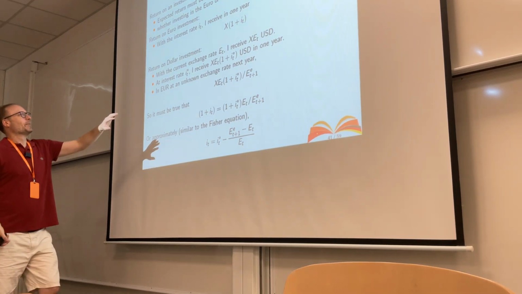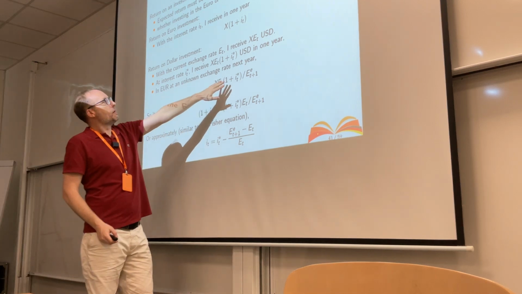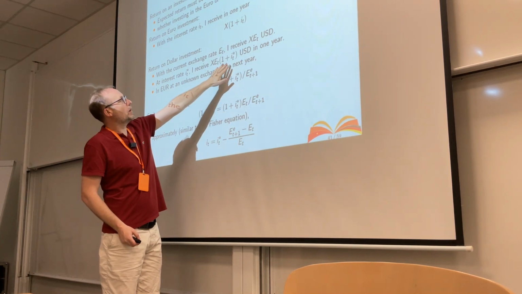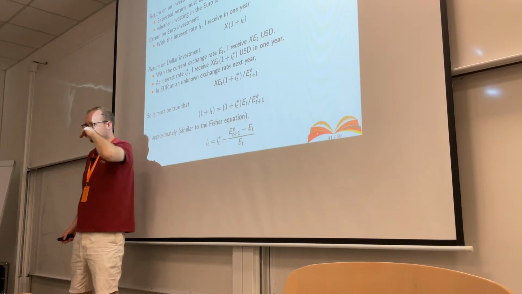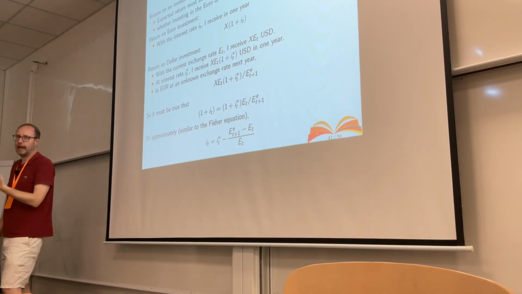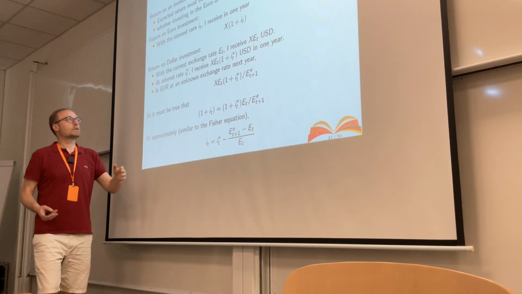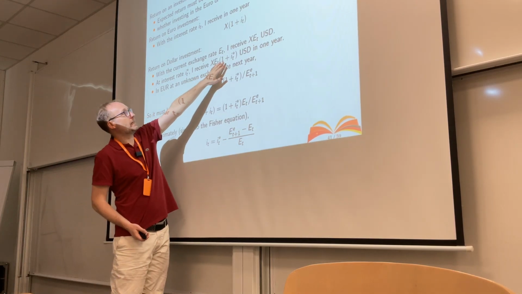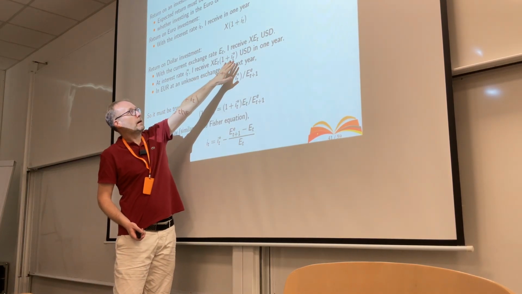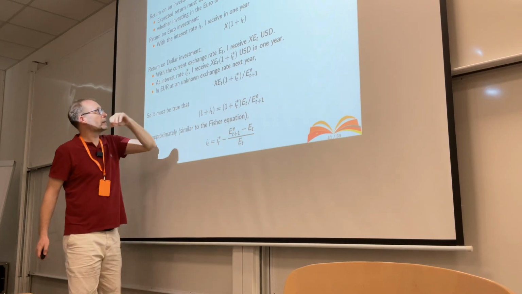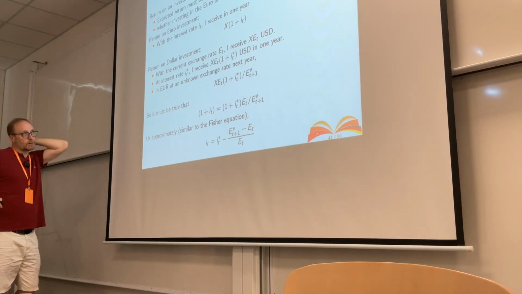So we have to bring our return in US dollars, we have to turn this into an apple. We have to find a common denominator between these two. And so what we do is in 1 year, we will convert these US dollars to euros.